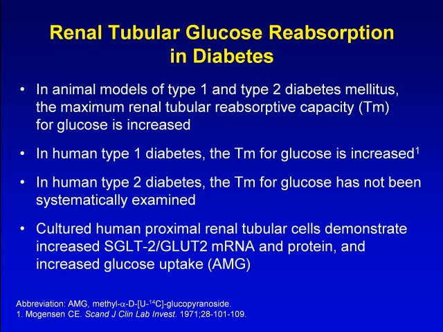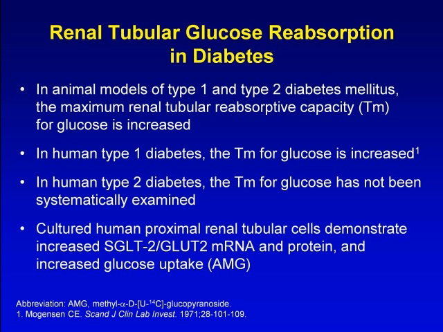There are a lot of preclinical studies, or studies in animal models, that demonstrate what happens in type 1 and type 2 diabetes in terms of SGLT2 expression and function, as well as what happens when you block SGLT2 function. In animal models of type 1 and type 2 diabetes, the maximum renal tubular reabsorptive capacity for glucose is increased.